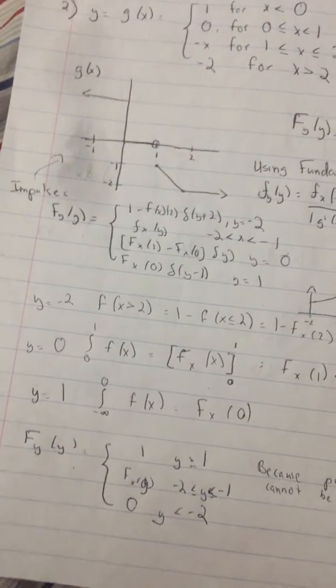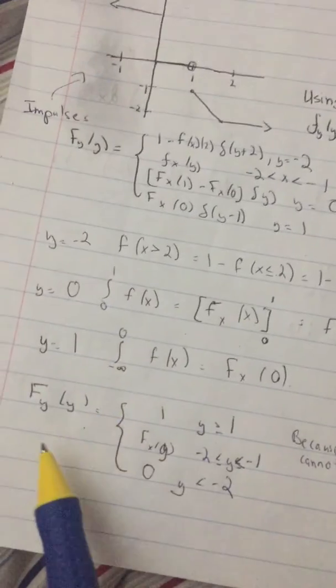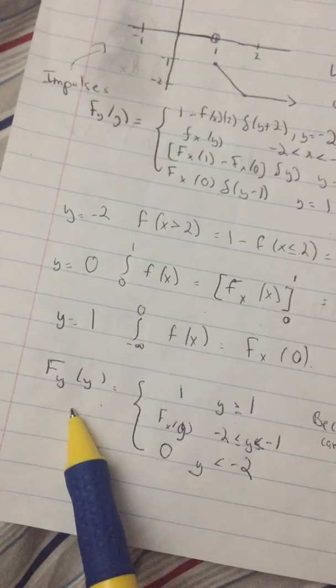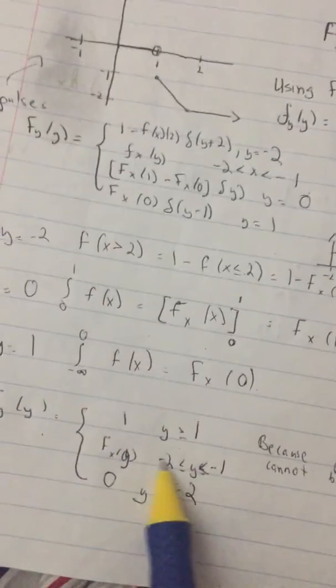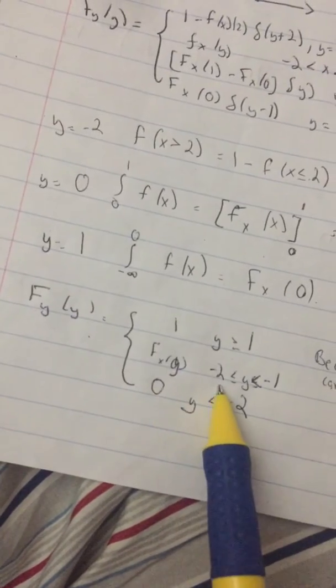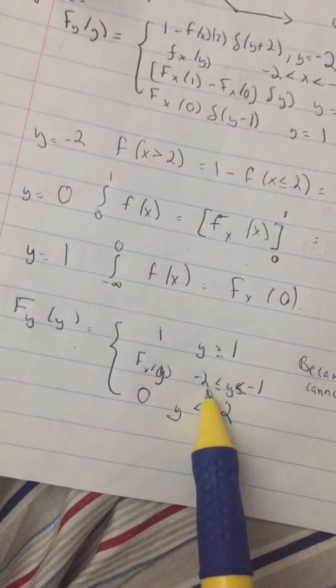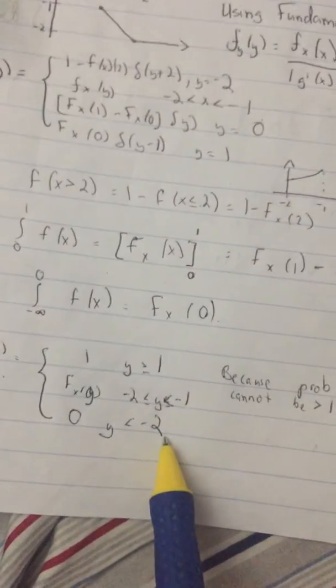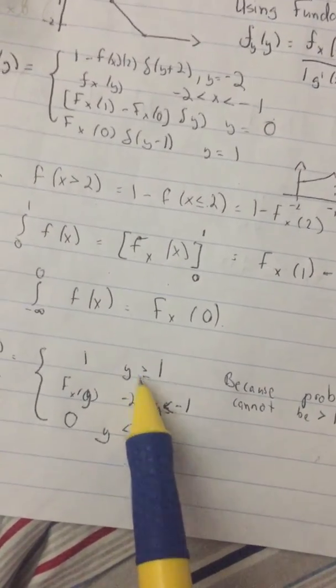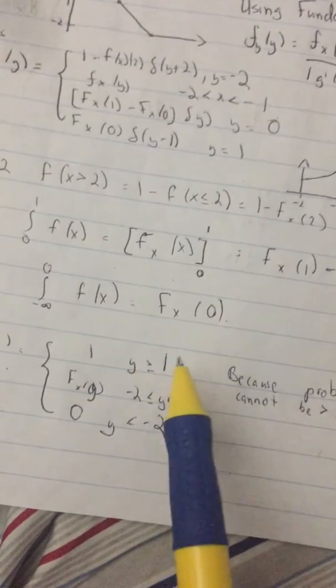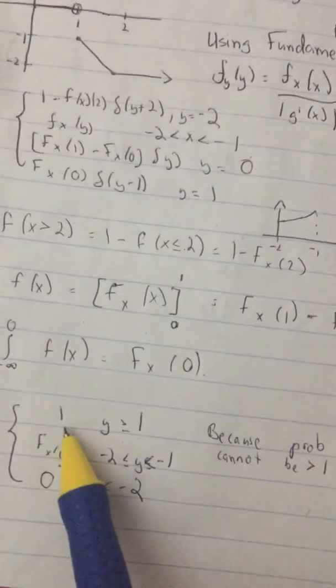And let's get big F of y, which equals 1 when y is greater than or equal to 1, F of x at negative y when y is between negative 2 and negative 1, and 0 when y is less than negative 2. It equals 1 when y is greater than or equal to 1, because the cumulative probability cannot be bigger than 1. It has to be within 1.